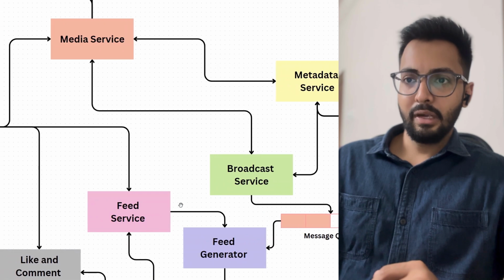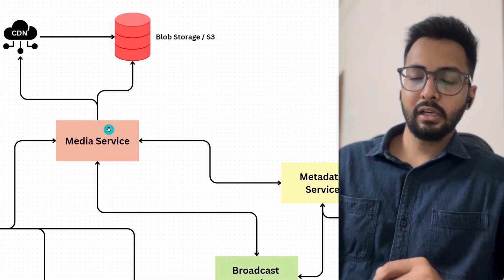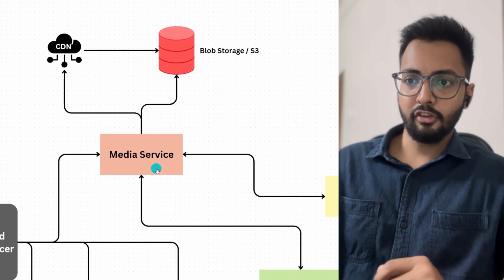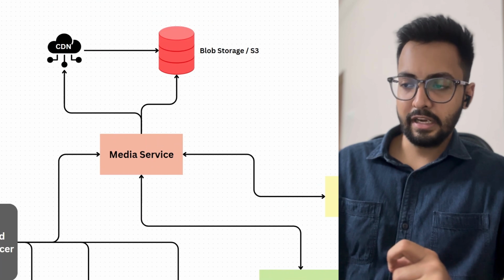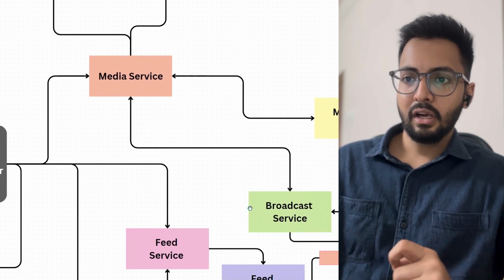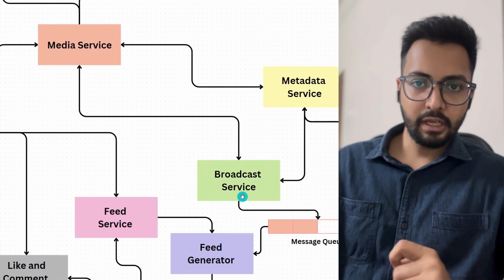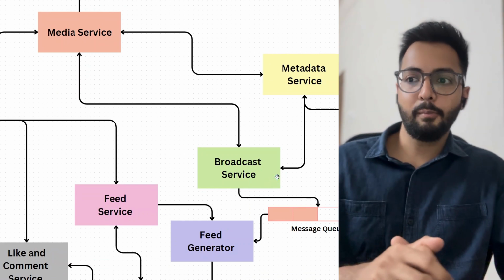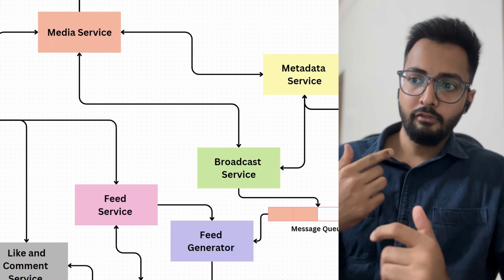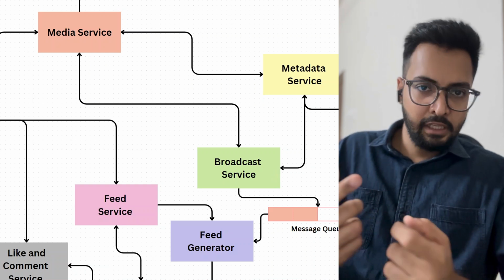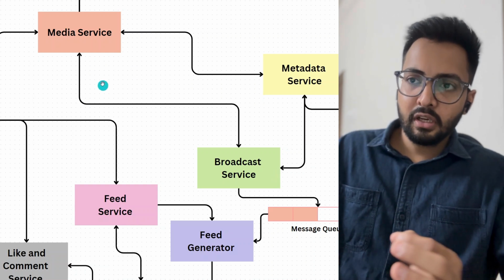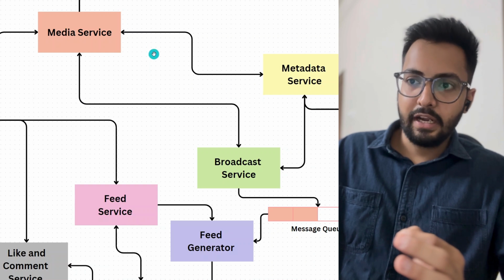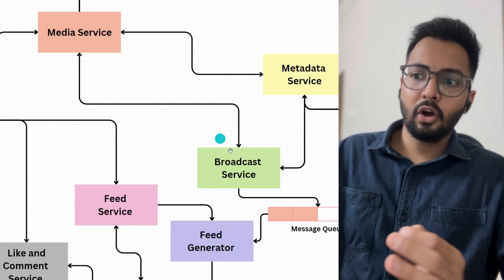Going back to our media service, after the information of that particular media is stored in the database through the metadata service, the media service would call the broadcast service. Let me explain what the broadcast service does with an example. If I am posting something, when I post an image, after my details get stored in the database, it will call this broadcast service.